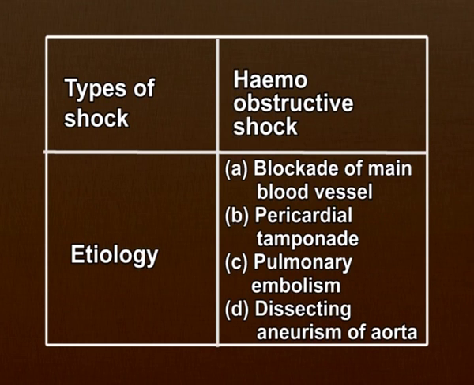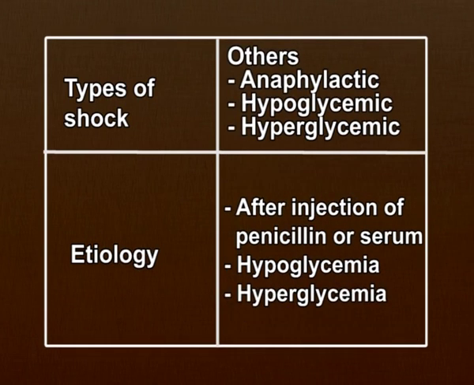In this case, blockade of main blood vessels, pericardial tamponade, pulmonary embolism, dissecting aneurysm of aorta is observed. The last type has subtypes, which are anaphylactic shock, hypoglycemic shock and hyperglycemic shock.